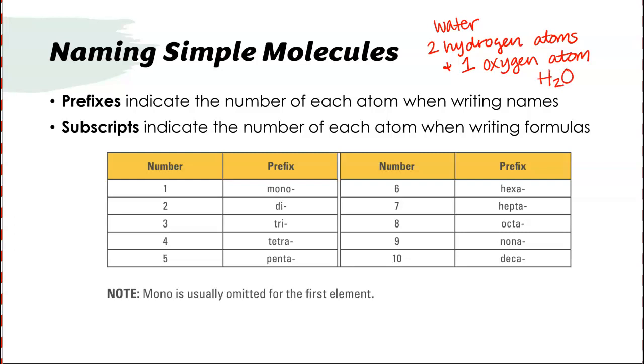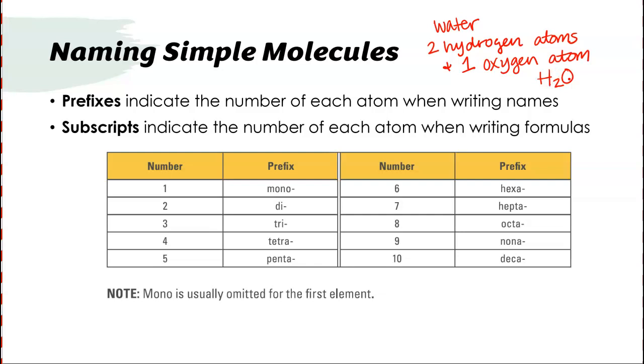Now, if we were to write out the systematic name, we would have to use these prefixes because we can't just say hydrogen oxide, because there are many compounds that contain only hydrogen and oxygen. And it's not charged, so we can't tell necessarily how many of each atom is involved.